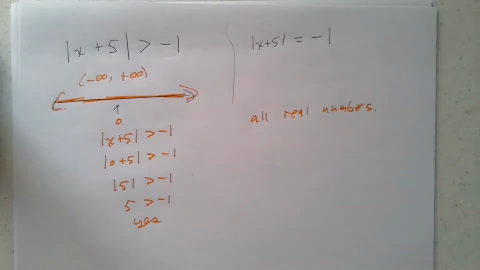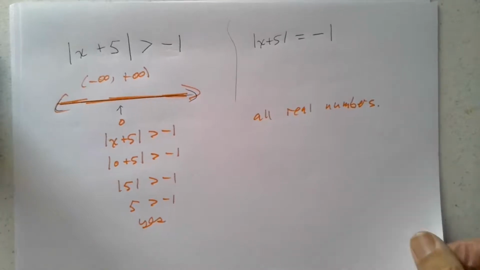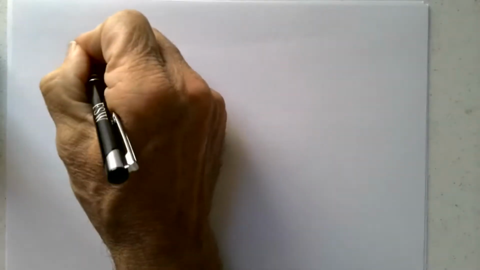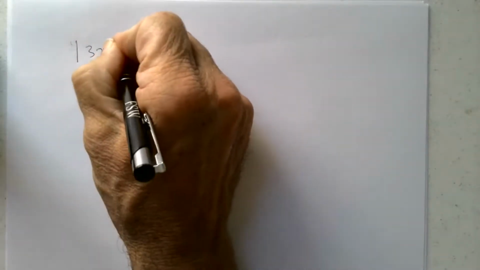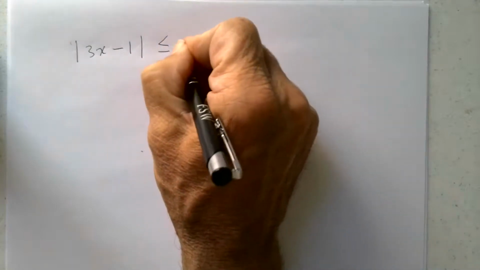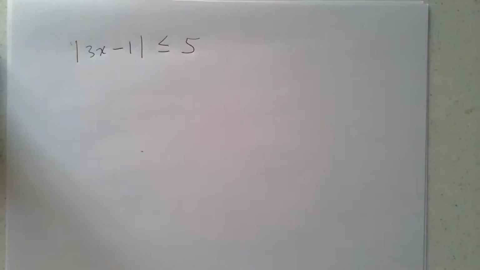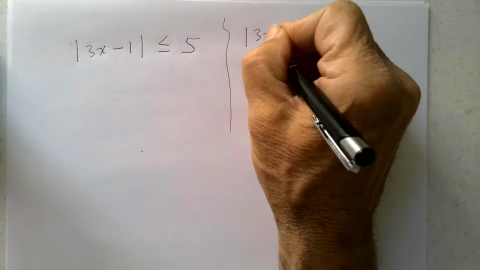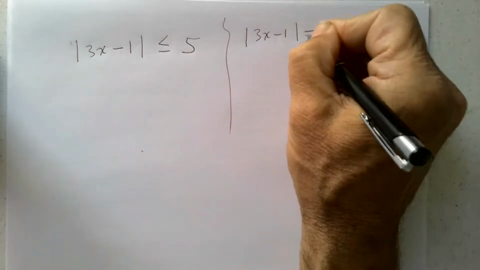So let's just finish off with one more problem that will have a solution of some kind. Let's just do one more, maybe with some fractions this time. The absolute value of 3x minus 1 is less than or equal to 5. So we're going to solve it as an equal first and say absolute value of 3x minus 1 equals 5.